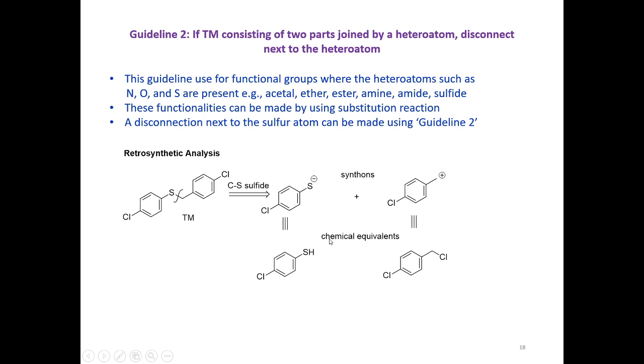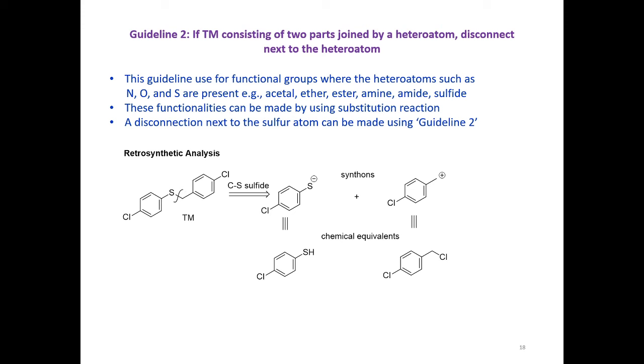So these functionalities can be made by using a substitution reaction. A disconnection next to the sulfur atom can be made using guideline 2. Here in this compound there is a presence of sulfur, so we need to cleave this bond next to the heteroatom.